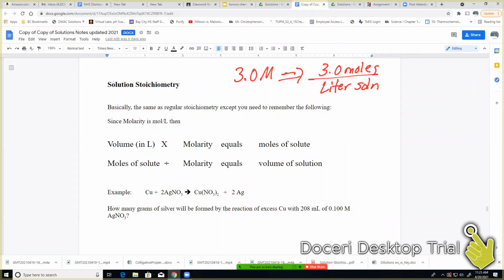But just to shorthand that a little bit, if I know the molarity and I know my volume, how much I have of that solution, I can multiply those numbers, and that will give me moles of solute.